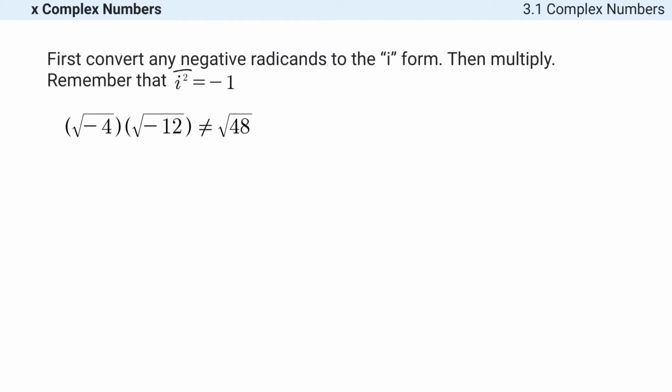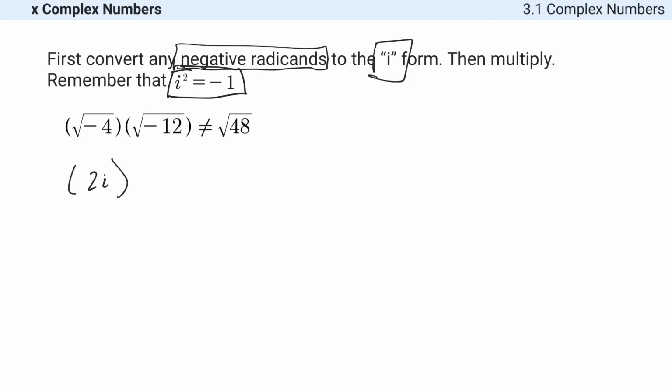Like I said in an earlier screen, knowing that i squared is equal to negative 1 is useful. And again with this operation, like adding and subtracting, you want to make sure you convert any negative radicands to the i form first. So here I've got a negative radicand, I'm going to call that 2i.